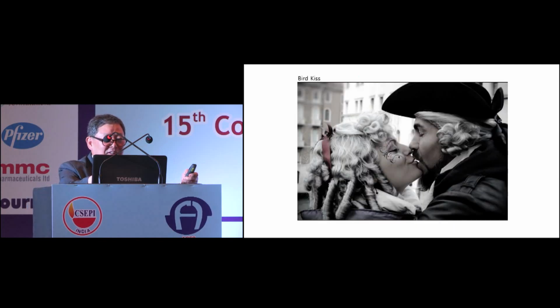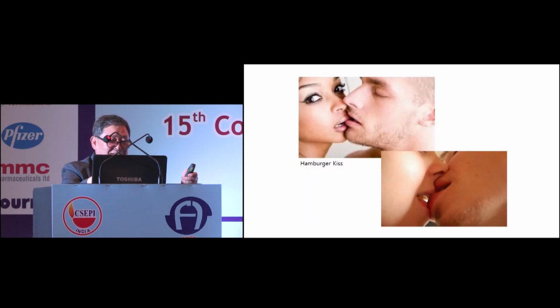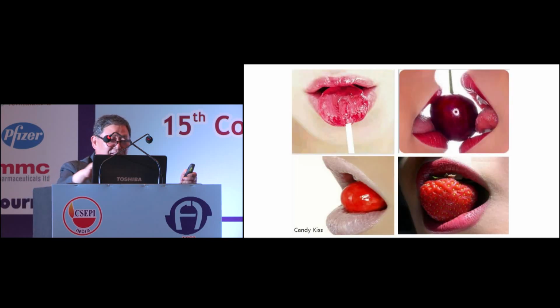You can see the bird kiss, typical bird kiss. You can see the hamburger kiss. This is a softer type of deep kiss. This candy kiss, shared candy. This one is an advanced type of French kiss.